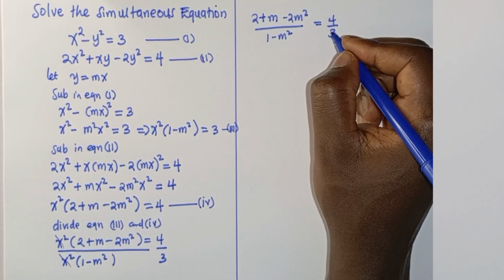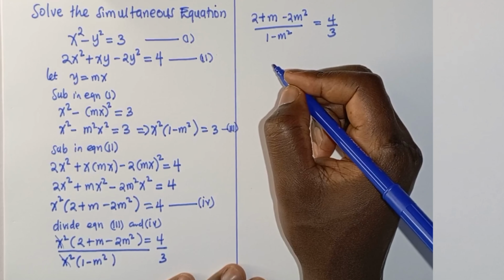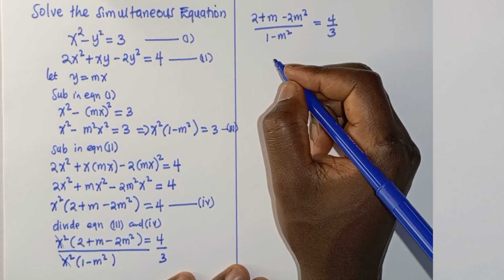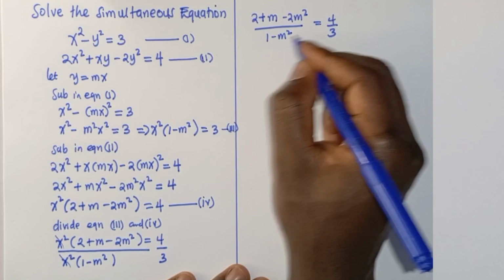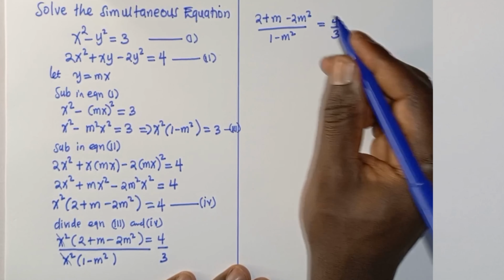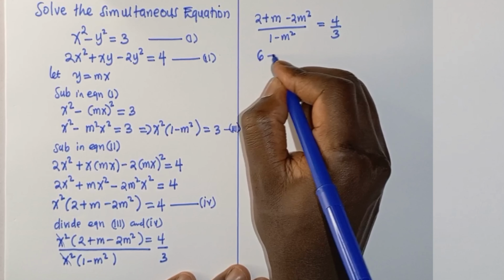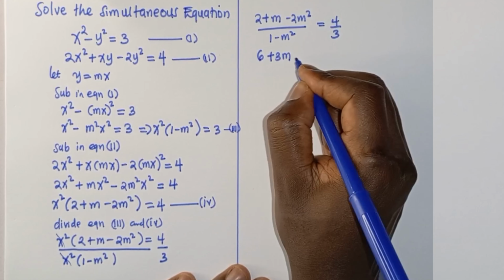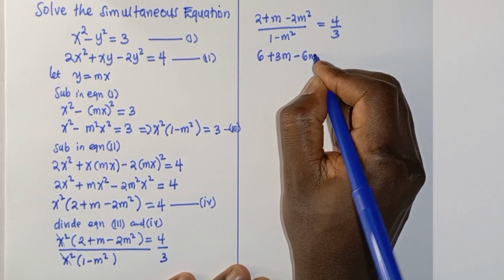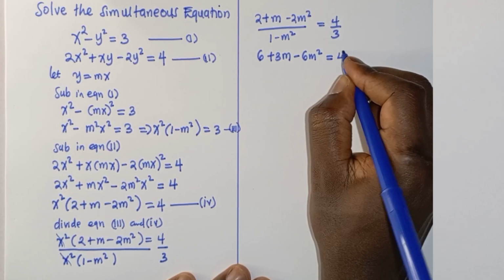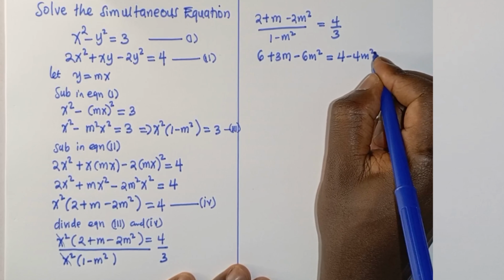So you can go ahead and cross multiply. When we cross multiply and expand, we shall have 6 plus 3m minus 6m square is equivalent to 4 minus 4m square.